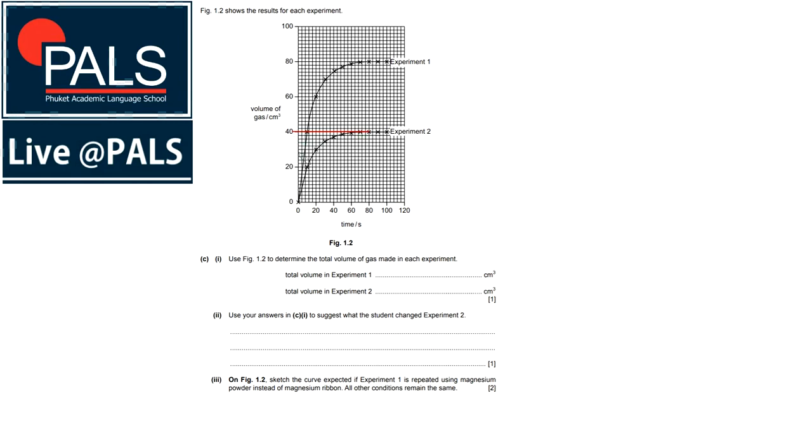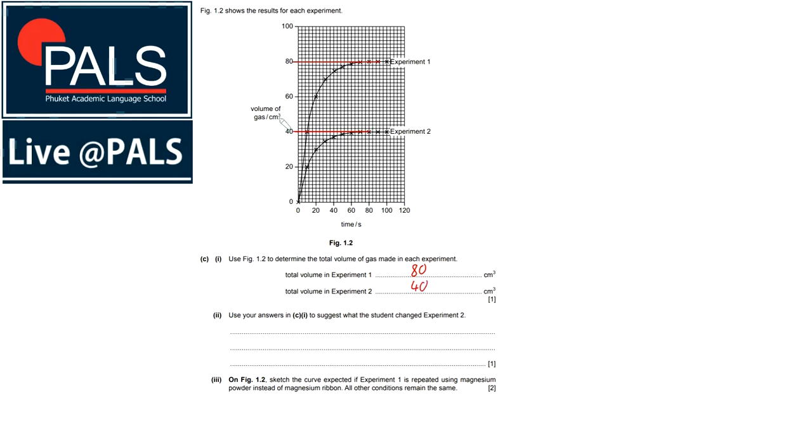Just do this in the exam as well so that the examiners can see how you got to your answer. Use your pencil and draw a line from the highest point where our line goes horizontal over to the y-axis, and we can see that in experiment 1, which is up here, 80 centimeter cube are produced, and in experiment 2, 40 centimeter cube are produced.